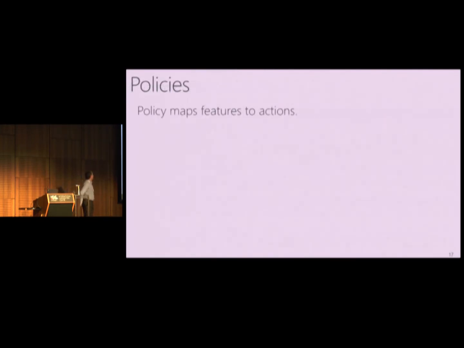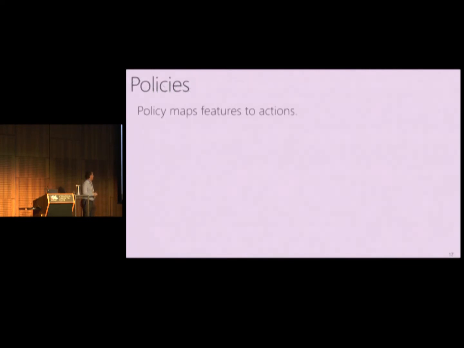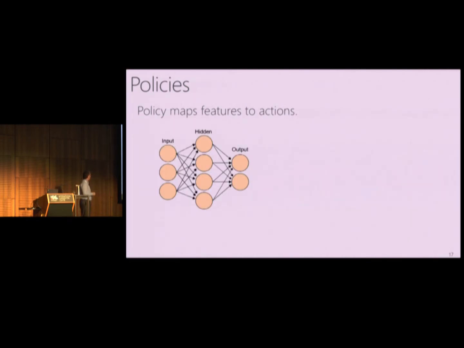Okay, so we're going to try to find a policy which, given the features, chooses the action in step 2. So I need to define a policy for you. A policy is something which maps features to actions. So that could be a neural network. Maybe you have 2 possible actions.